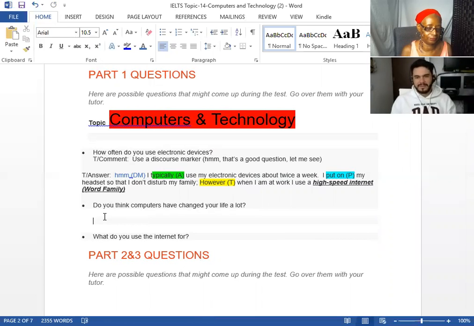Okay, again. Let me see. Actually, it's a good question because I'm a big fan of the electronic devices and electronic engineering. And all the time I want to be surrounded by gadgets.